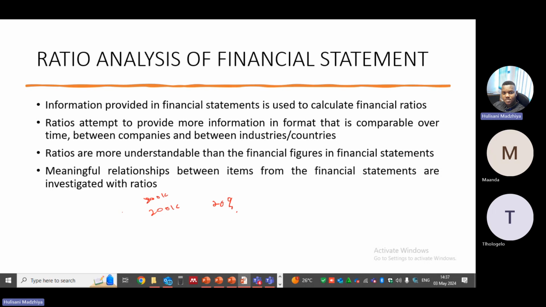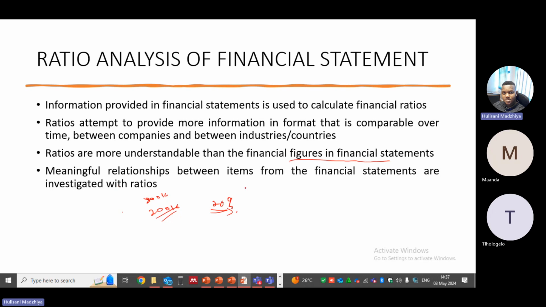Therefore the net profit margin is 20%. It indicates how much profit we generated from the total revenue that we generated. We only managed to keep 20% as our profit. So it says this is more understandable than the financial figures in the financials.